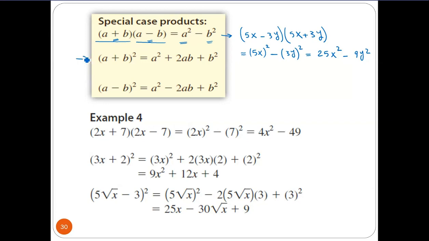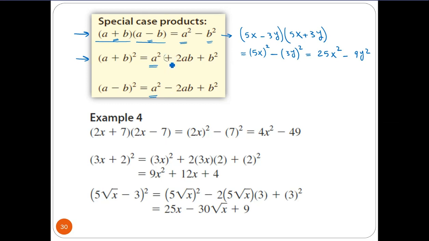The second one, in special cases, we have the perfect square, a plus b all squared. How can we simplify the perfect square? Simplify the perfect square means remove the brackets. So this is the first square plus, if we have a plus, or negative if we have negative.